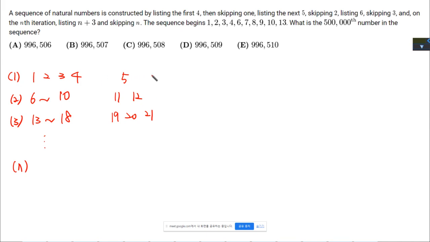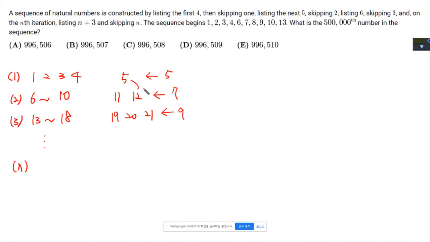the first group has 5 numbers and 1 is skipped, and second group has 7 numbers, and third group has 9 numbers.